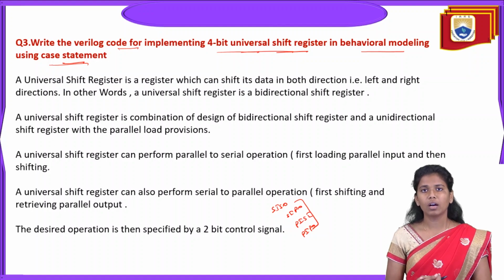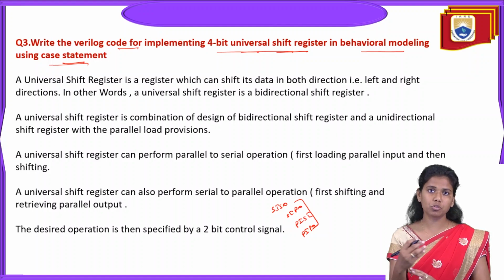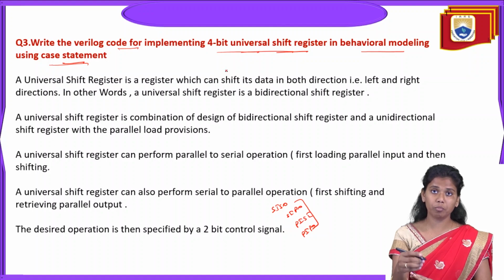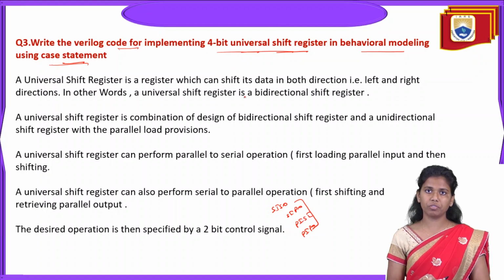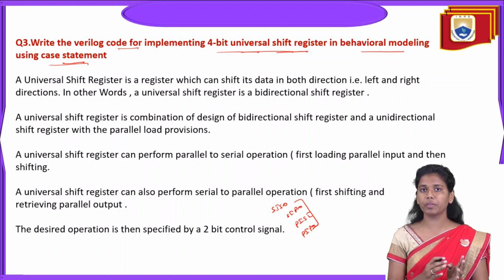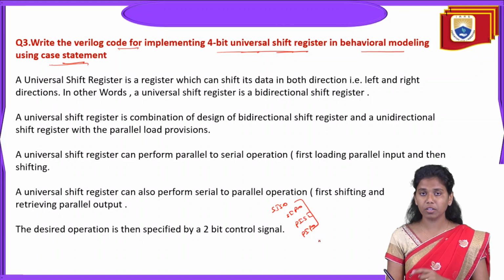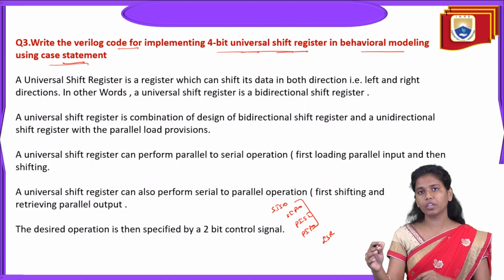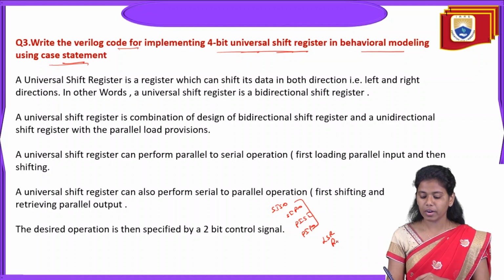Another minute thing that comes to mind when pondering this 4-bit universal shift register is that we can shift the bits from left to right or from right to left. If you are shifting your bits from left to right, it is a left shift, and if you are shifting from right to left, it's a right shift.